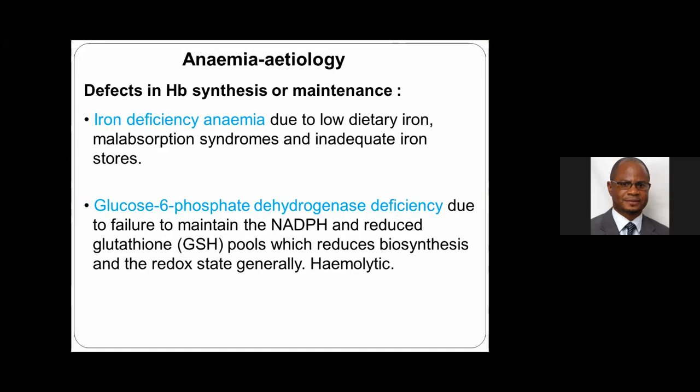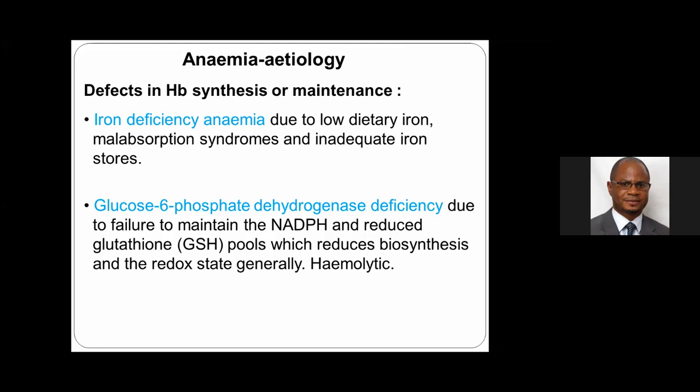So defects in HB synthesis is also there, and here that is hemoglobin synthesis. Iron deficiency anemia is linked to defect in hemoglobin synthesis, because you need iron to produce the heme that combines with globin to form hemoglobin.